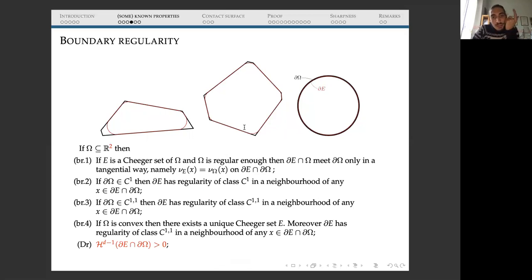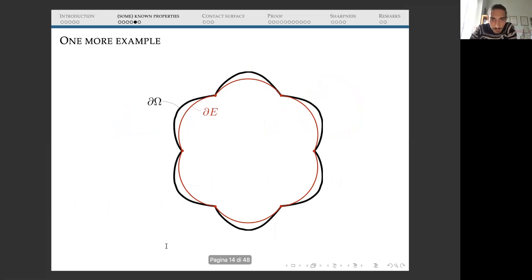So in all these examples, it seems that the boundary of the Cheeger set is sticking to the boundary of the ambient space on sets with d-1 Hausdorff dimension. So basically the surface contact has really d-1 dimension. Okay, so you wonder if this can happen in some cases. But then you think about it a little bit and you can cook up this guy.